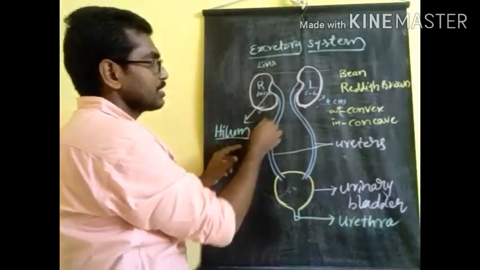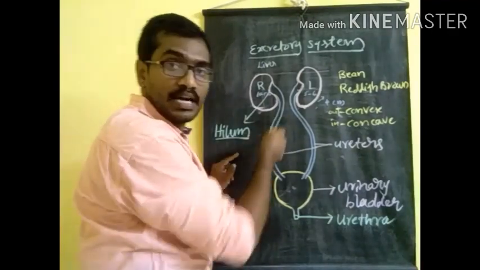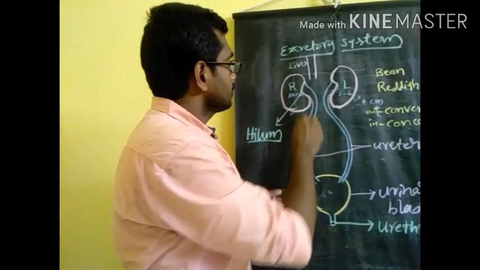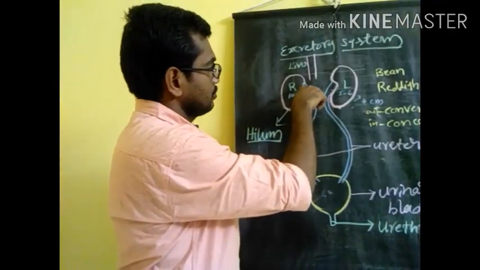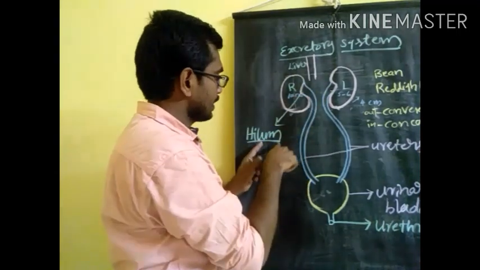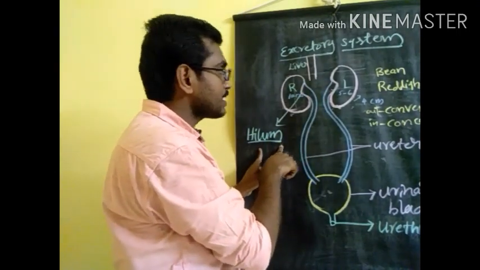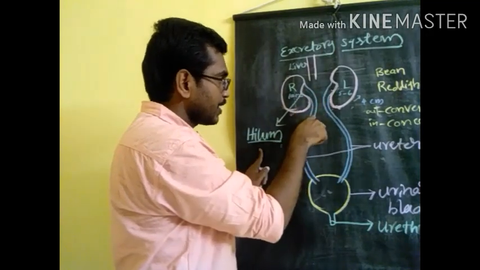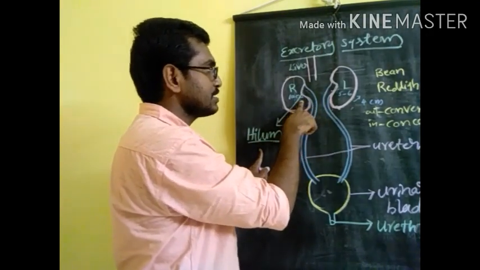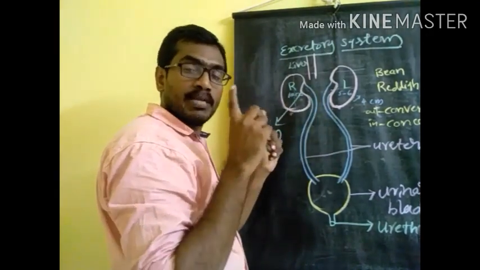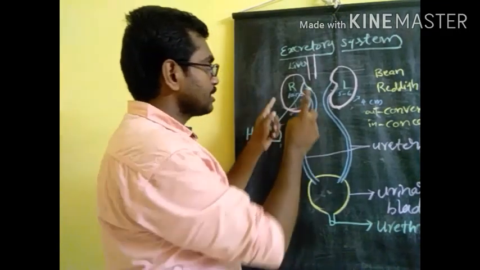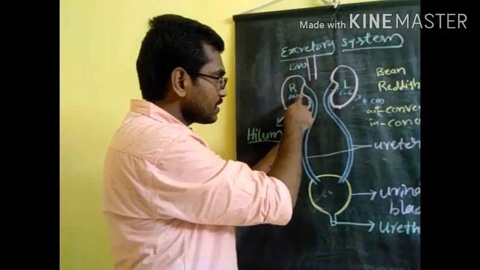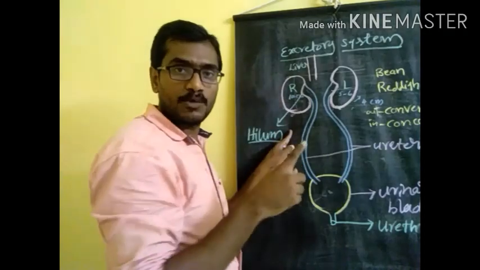Through this hilum, the ureters come out, and the blood vessels which bring blood to the kidneys also enter through the hilum only.